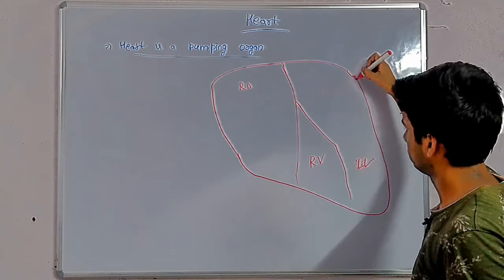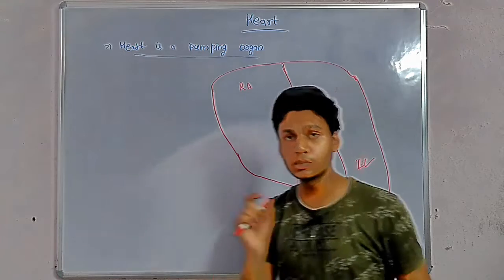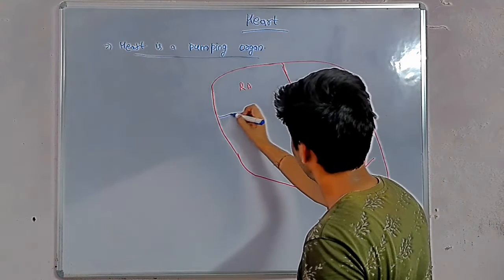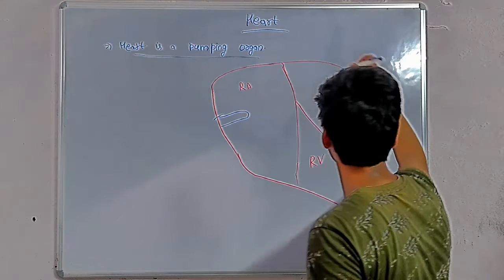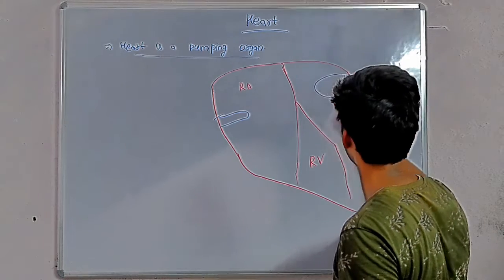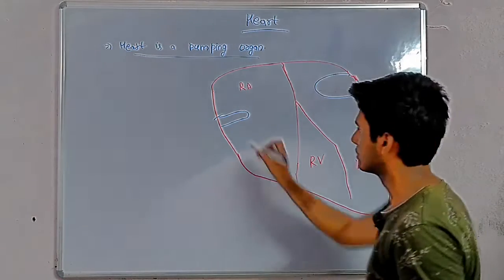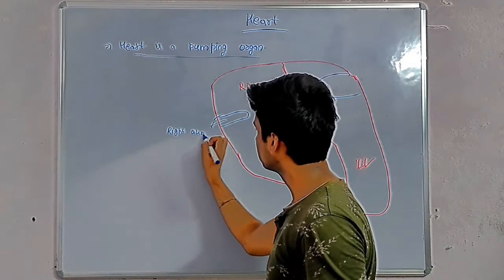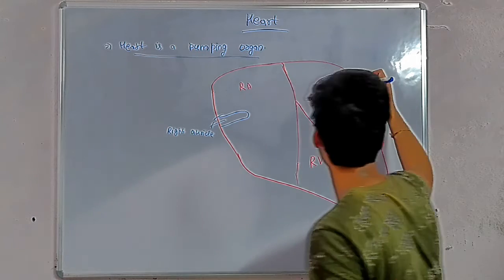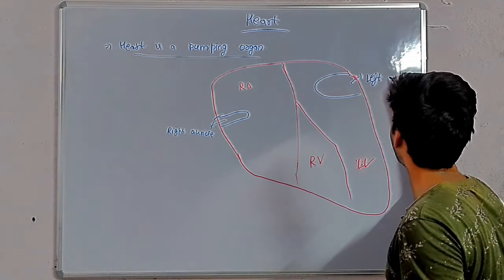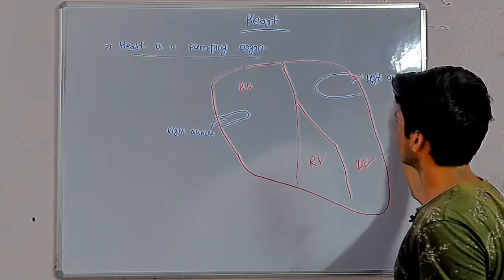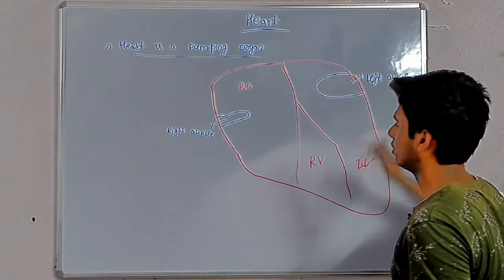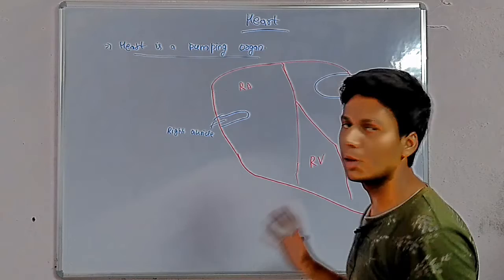Then the atriums also contain a small projection called an auricle, which is present anteriorly. Only atria contain auricles. The right side is called the right auricle, and the left side is the left auricle.